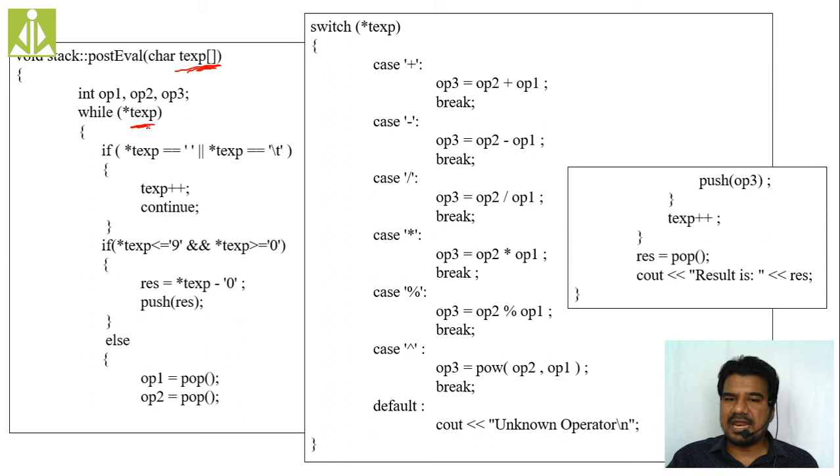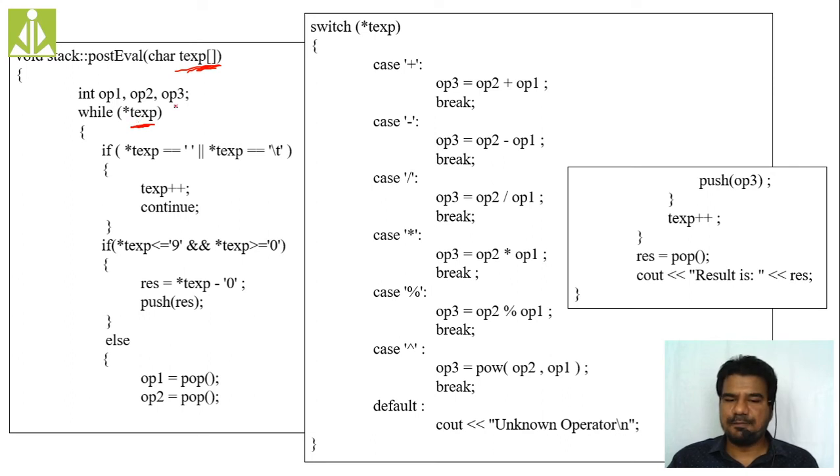So basically what I mean to say over here is this while loop will continue as long as you have characters in this temporary expression. If you don't have any character, or if you have the null character inside this TEXP, then simply this while loop will terminate.